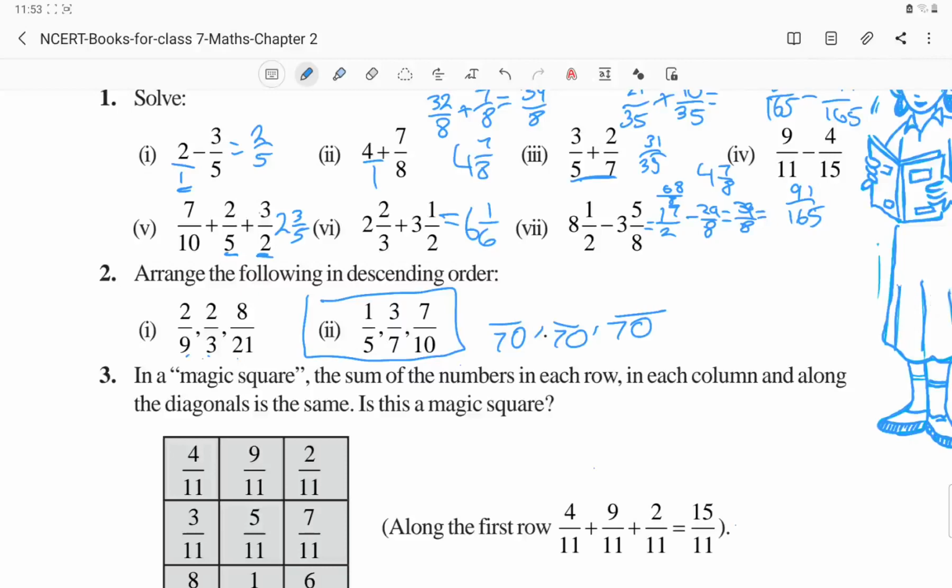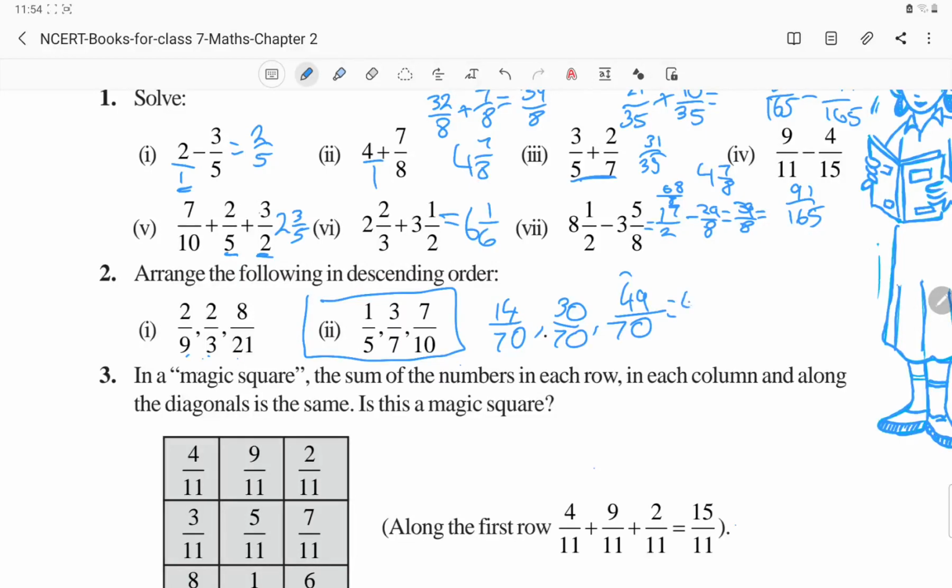Five times 14 is 70, so 1 times 14 is 14. 7 times 10 is 70, so 3 times 10 is 30. And 10 times 7 is 70, so 7 times 7 is 49.